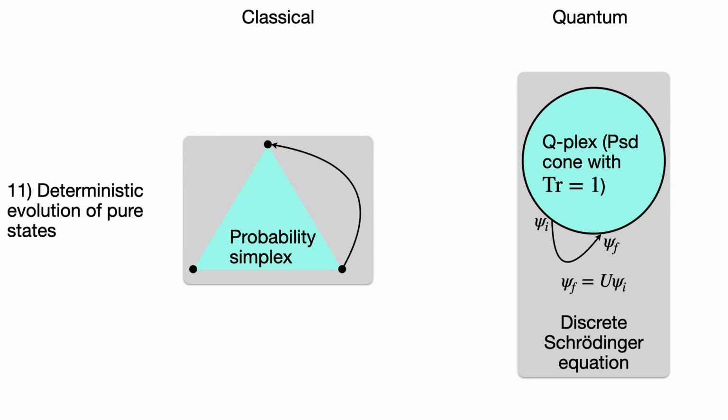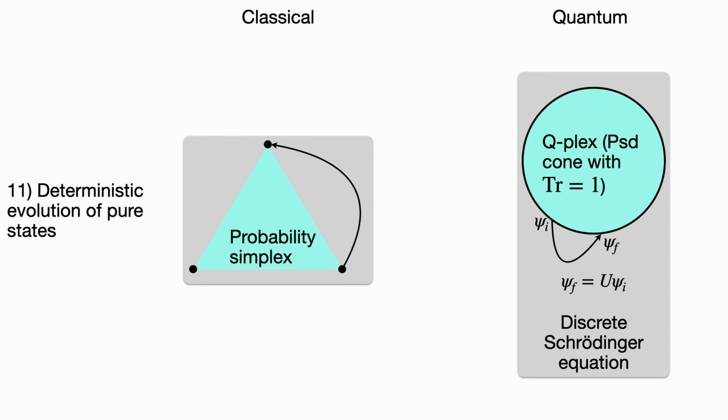Now let us consider a geometrical interpretation of a deterministic evolution of pure states. In the classical case, one can imagine deterministic evolution of pure states as a transition from one vertex of a probability simplex to another vertex of the probability simplex. In the quantum case, the situation is a little bit different.